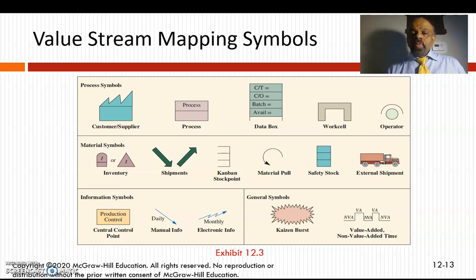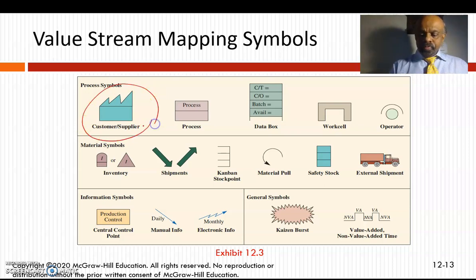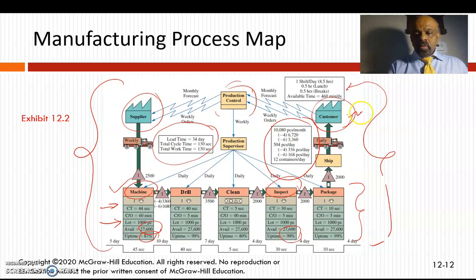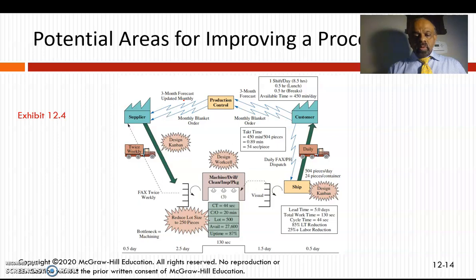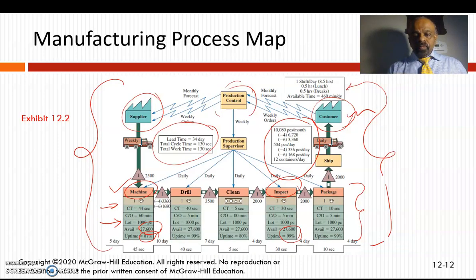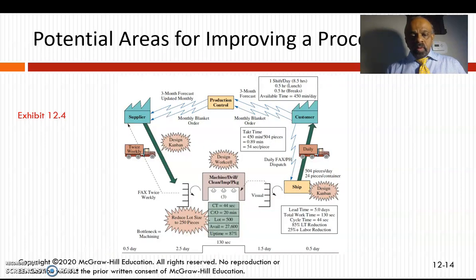The value stream mapping is done using these symbols. For customer or supplier, you see this. Processes are denoted by this symbol. Like, for instance, if there is a process here, a process here is shown like this.